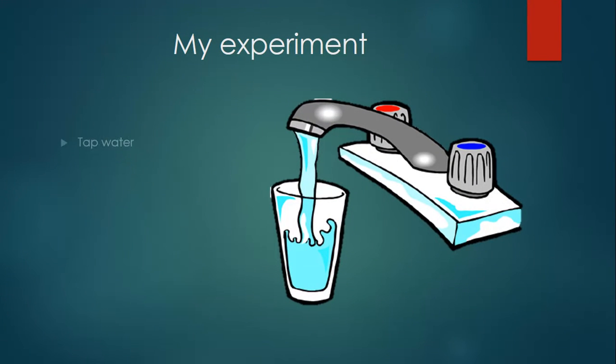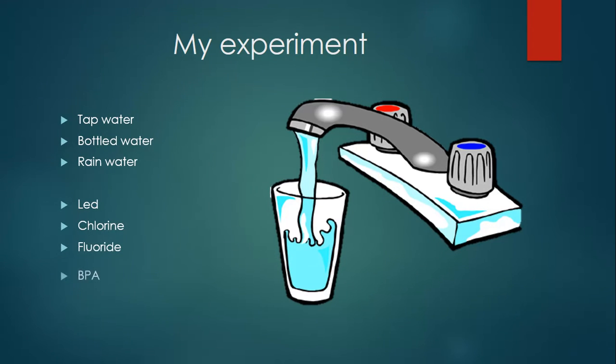So my experiment, of course, I said I was experimenting on tap water, bottled water, and rainwater. And of course, if I'm going to be using a water purifying kit, you're going to be like, okay, so what chemicals are you looking for, Keely? Well, I'm looking for lead, chlorine, fluoride, and BPA.